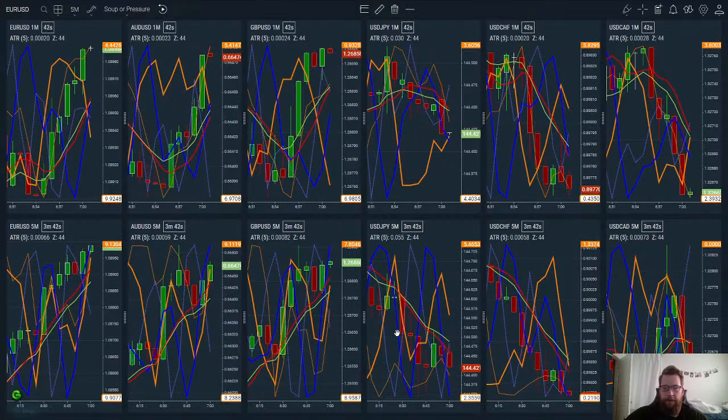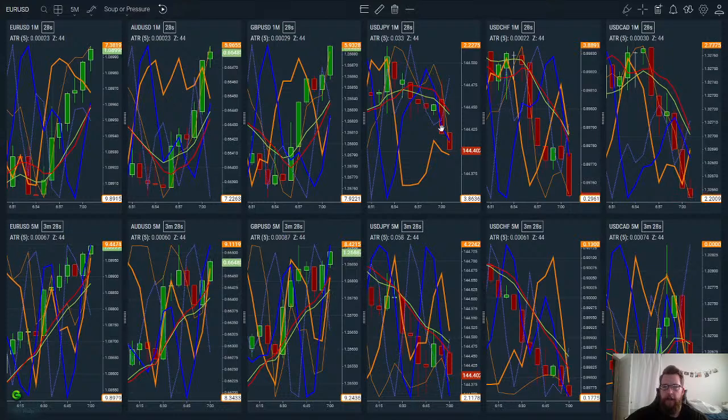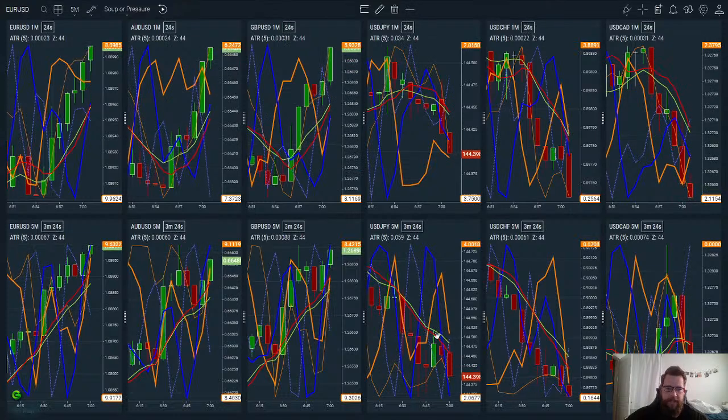So we have confluence with the pressures on both 1 and 5 minute charts. It kind of looked like it wanted to go back through, but then it broke down, bounced off of the pressure here, and then the rest of the TNTs are pointing in the good direction too.